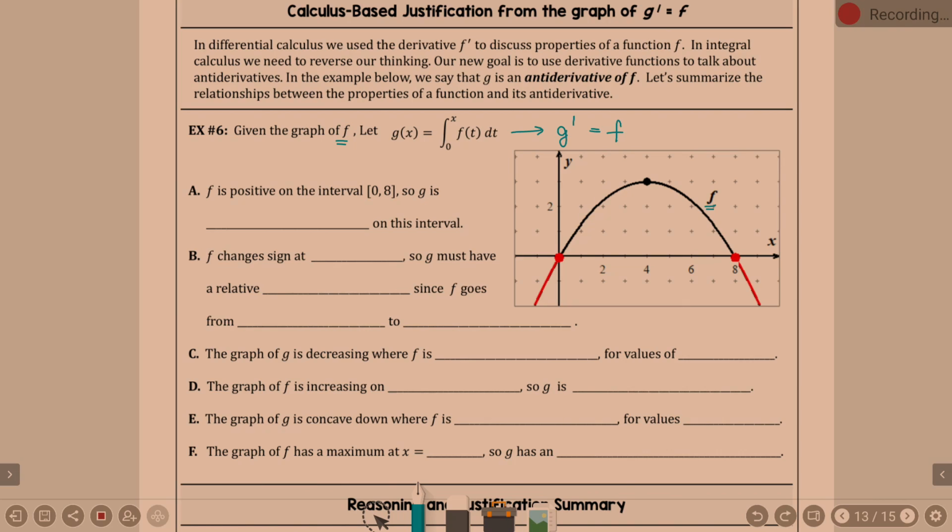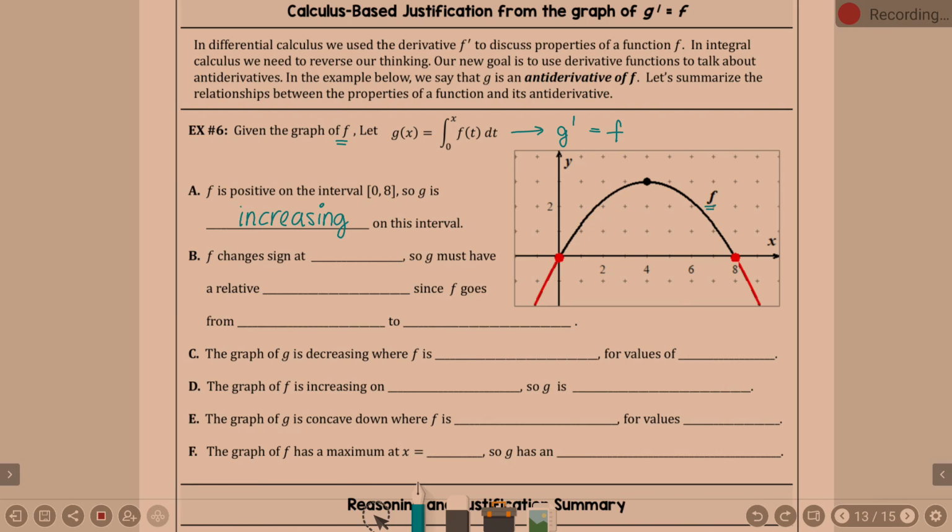That's positive. Increasing? Okay, so again, we're reversing our train of thought, I guess you could say. If f is positive and g prime is the derivative, then that means it's going to be increasing.